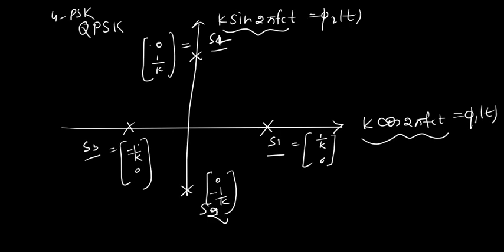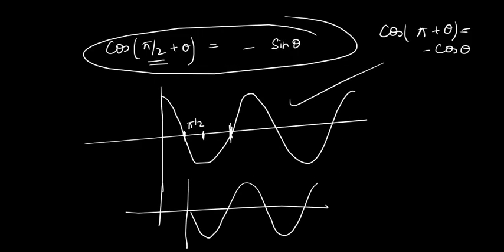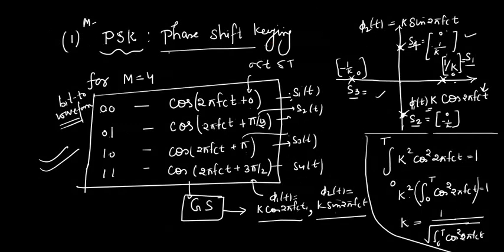So, if any general M-PSK we need to plot, how would you plot it? You have seen that if it is 4-PSK, what is the case? That all these S1 you can write as, okay, another form if I ask.